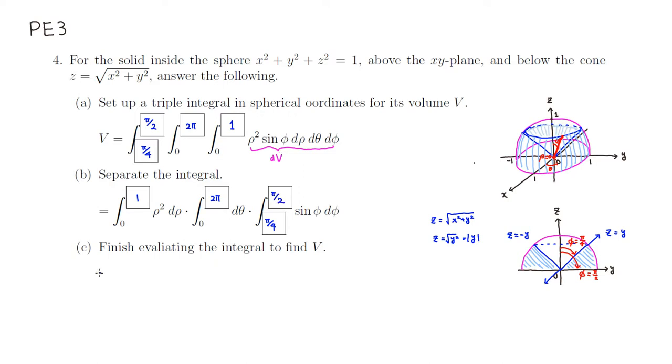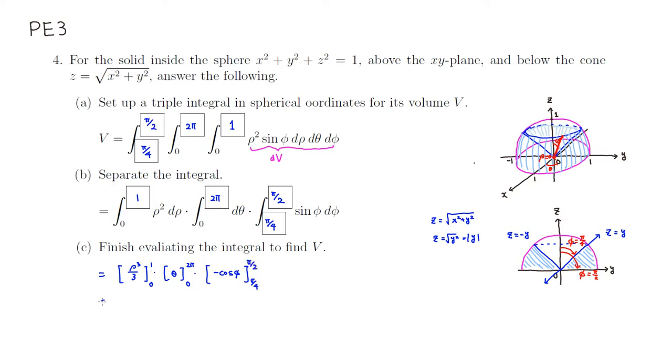Let's evaluate this. The antiderivative of rho squared is rho cubed over 3, from 0 to 1, giving 1/3 minus 0, so 1/3. The antiderivative of 1 is theta, from 0 to 2 pi, giving 2 pi. The antiderivative of sine phi is negative cosine phi, from pi over 4 to pi over 2.